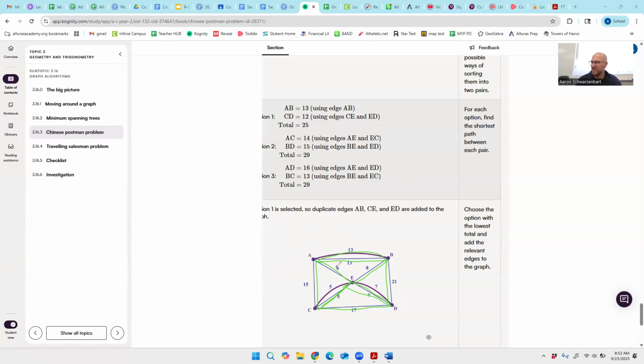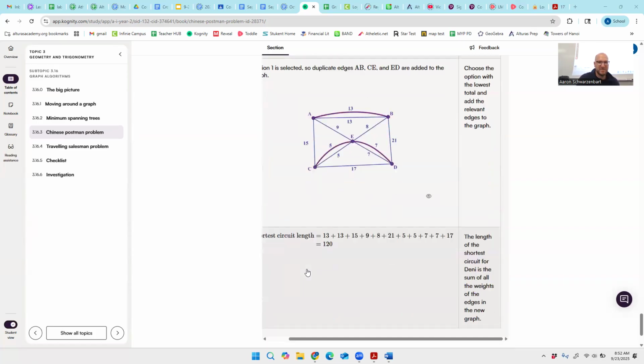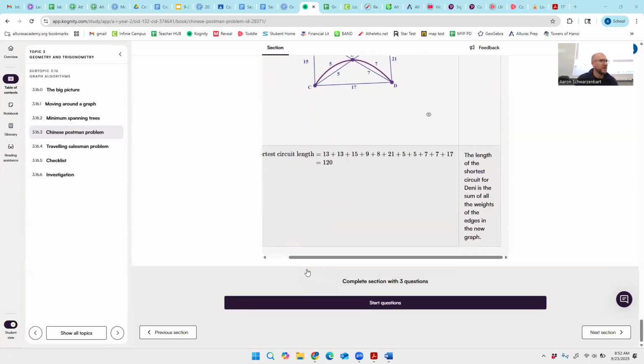Can you guys see that pretty well in the green? Yeah. So that took care of our repeated paths for us, which was the trick that we needed. Okay. That's the Chinese postman problem. Not exactly easy, not that hard. You just have to know the algorithm.